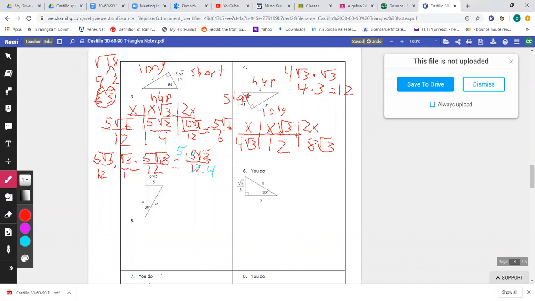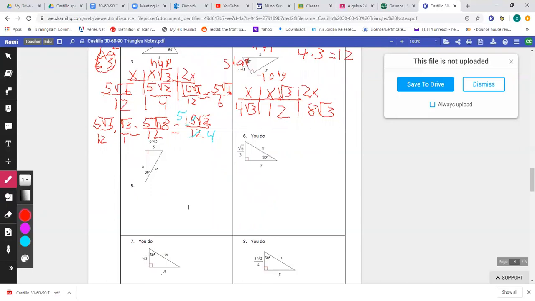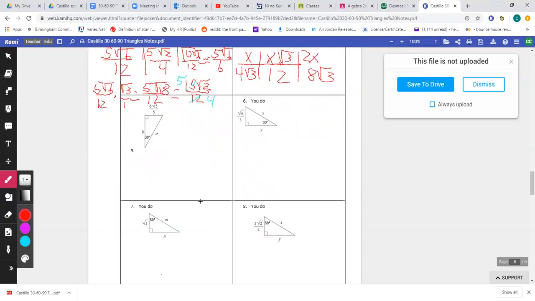Okay, let's look at number 5. Okay, so here's 4 before I move on. Okay, so 5, once again, if I label the triangle, this is short, this is long, and this is hypotenuse. So if I make my table here, they give me my short leg, which is 6 root 5 all over 5.